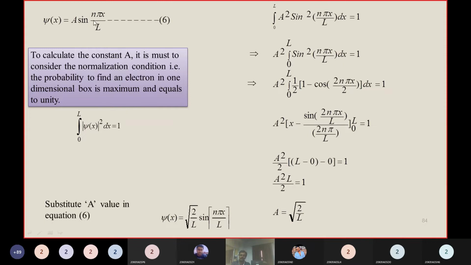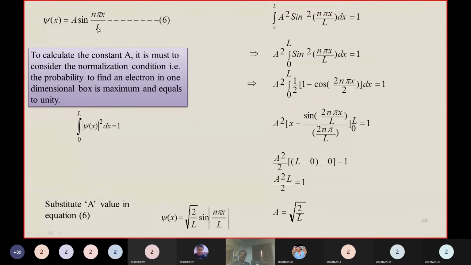Suppose this wave function has an imaginary part, say a sine ikx. If you take the complex conjugate, instead of i we write minus i. If there is no i, the complex conjugate value doesn't change.